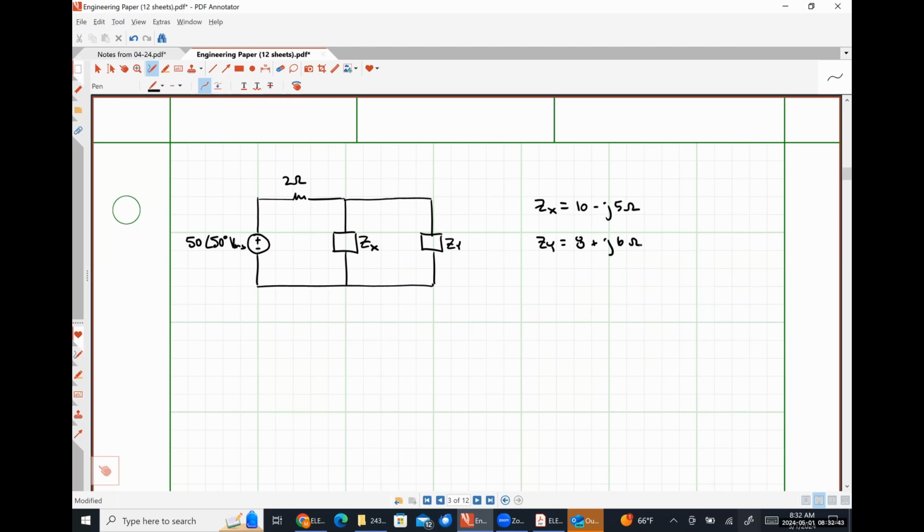And I want us to determine the average power absorbed by impedance ZX, the reactive power absorbed by impedance ZY, and the total complex power supplied by our voltage source.